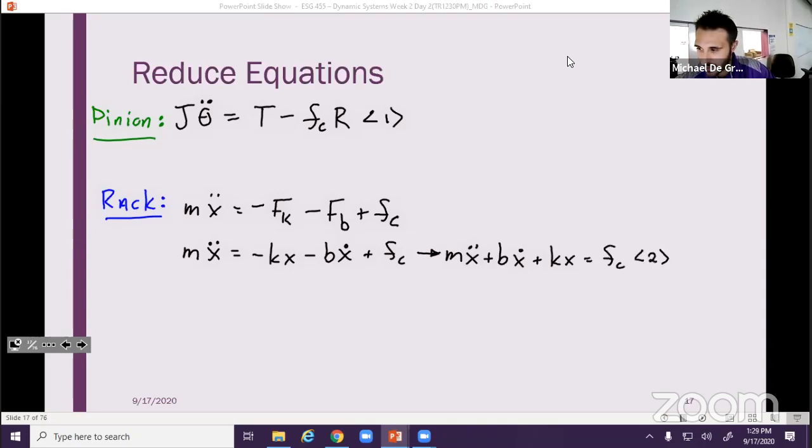And I'm going to call that equation 2, right? And normally we would stop here, but the problem that we have is we have 2 equations and neither of them are in terms of just our input or just our output.